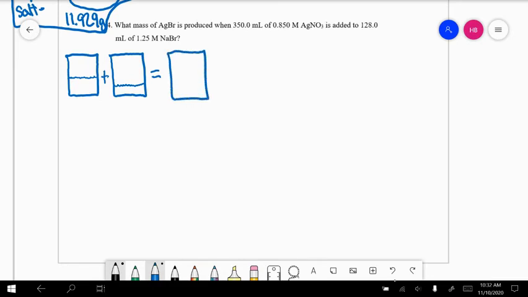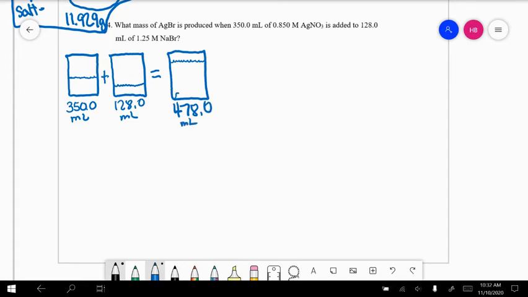And when I add them together, my volume is additive. So 350 plus 128 equals 478 milliliters.